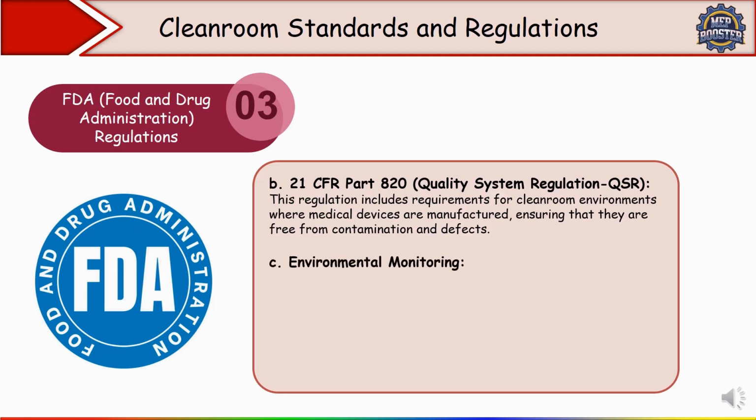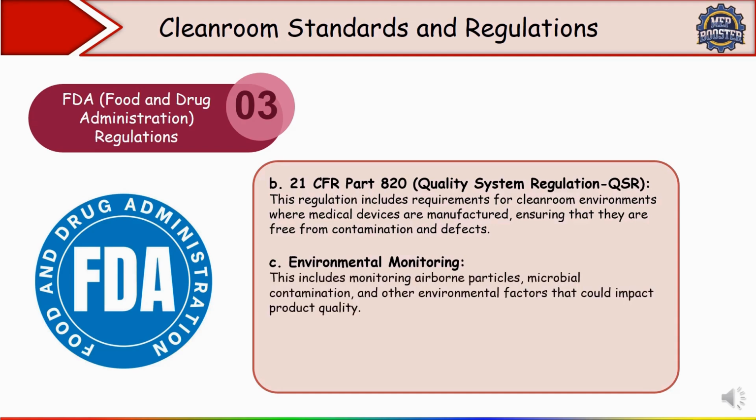Second, we have environmental monitoring. The FDA requires that clean room environments be monitored regularly to ensure that they meet the required cleanliness standards. This includes monitoring airborne particles, microbial contamination and other environmental factors that could impact product quality.